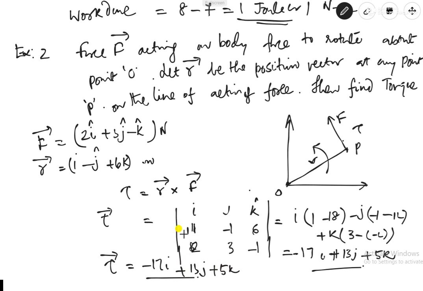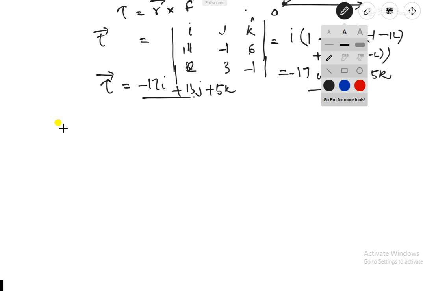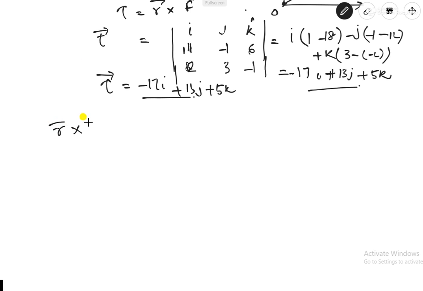Okay. Suppose now we want to find the angle between these two vectors, R and force. You can do it like this. We know that the magnitude of R cross F is equal to the magnitude of R times the magnitude of F times sin theta.